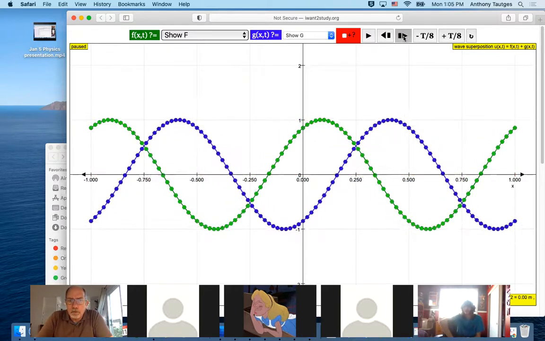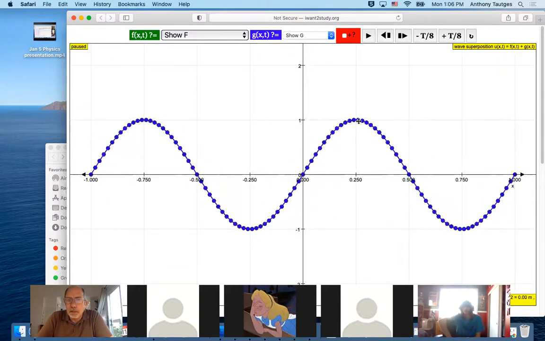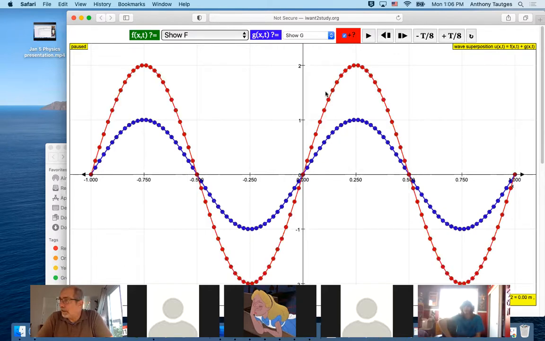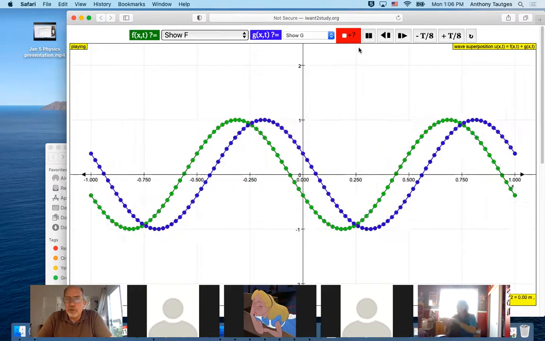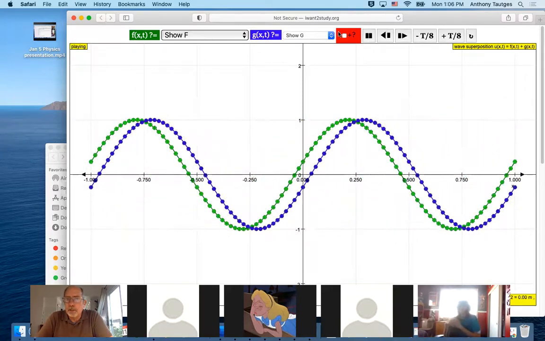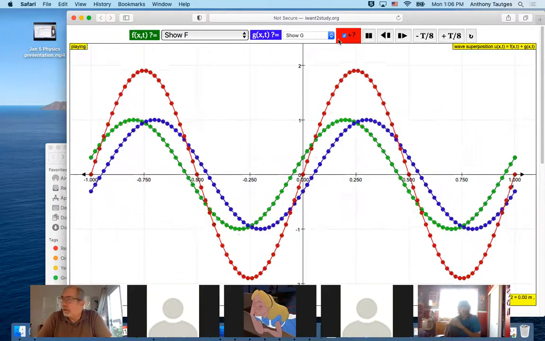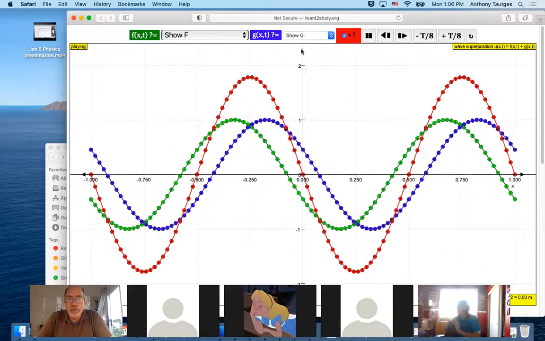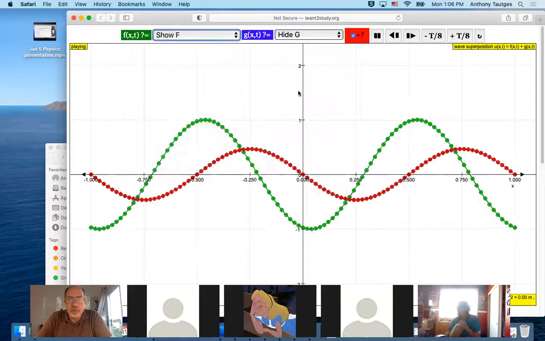Later, crest and crest will match up again. Trough and trough will match up again. And we get something like that again. So as the waves continue to travel through each other, their superposition looks like this. Now, we do not see the individual pulses or the individual waves.